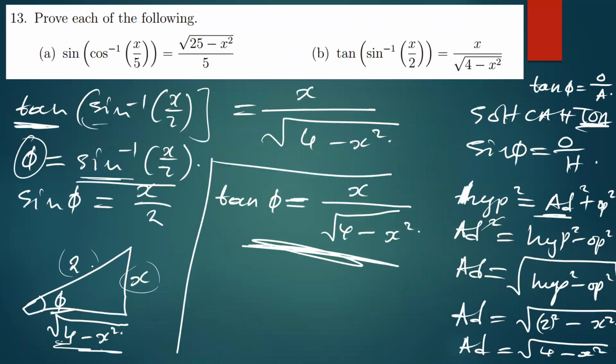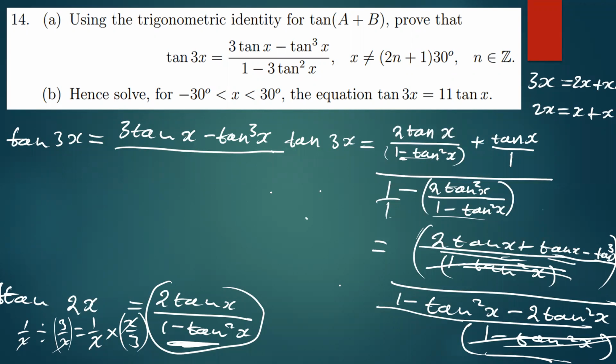Okay, so the denominator will just remain 1 minus. You can see that tan squared x and negative 2 tan squared x can add up to get negative 3 tan squared x.